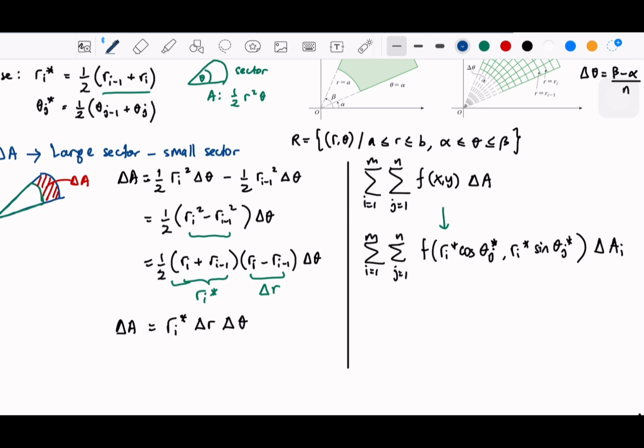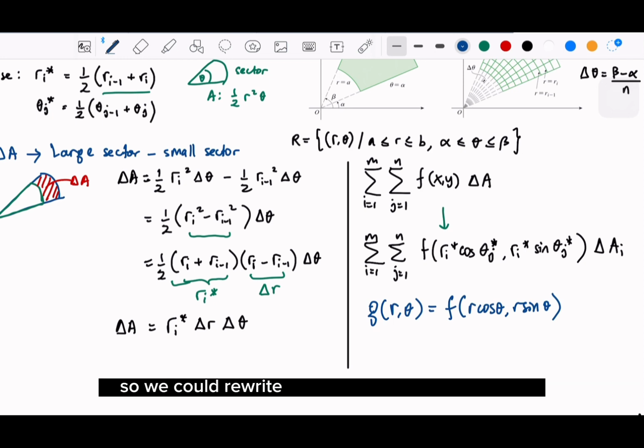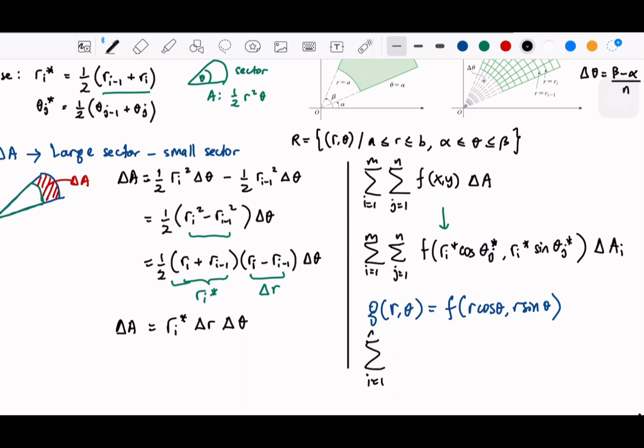So let's say the g is equal to f of r cosine theta, r sine theta. So we could rewrite this in terms of g if you want.